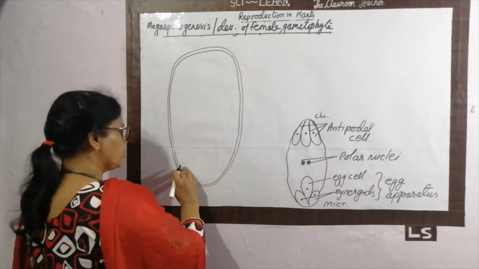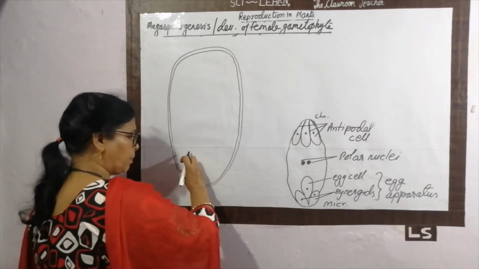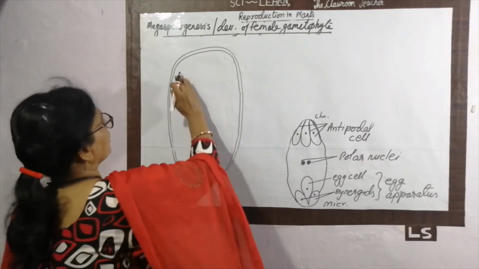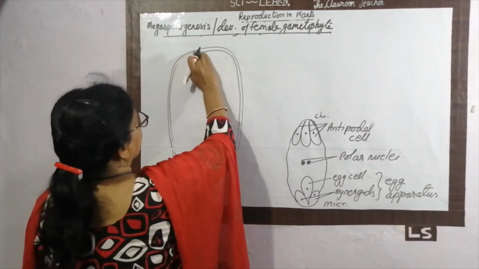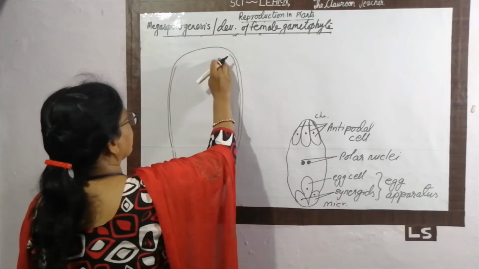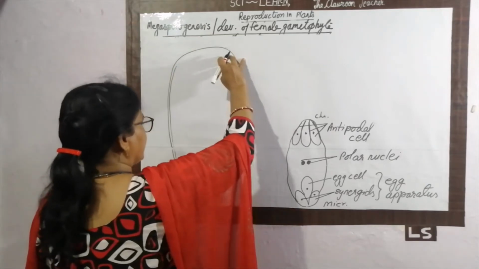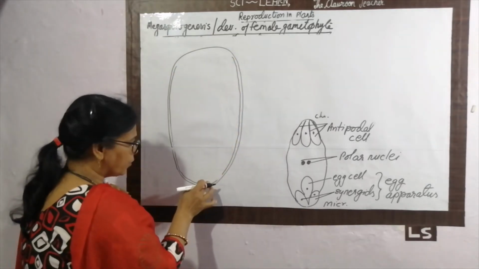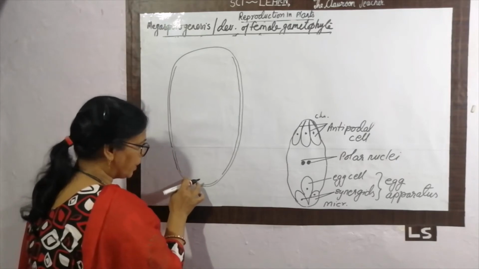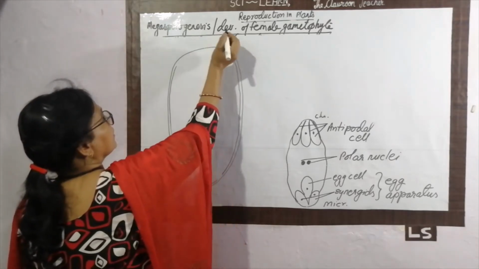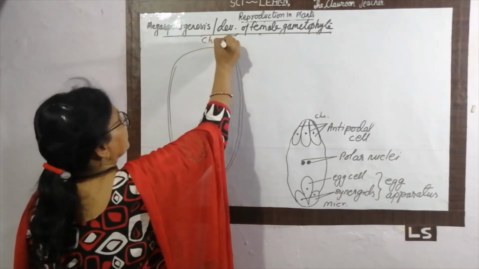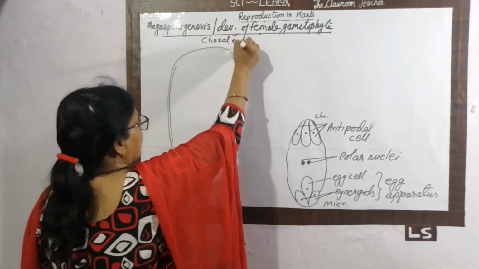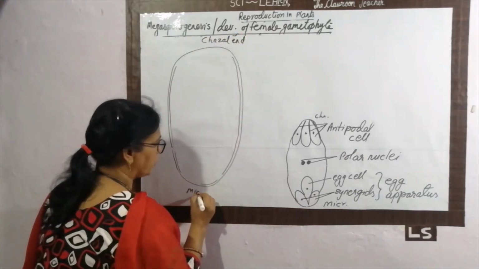This is the outermost membrane which is present. This end is from the antipodal cells, and this end is the chalazal end. This is the micropylar end. This is the chalazal end, and this is the micropylar end.